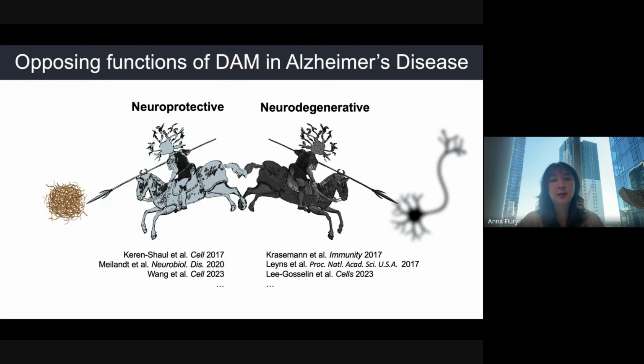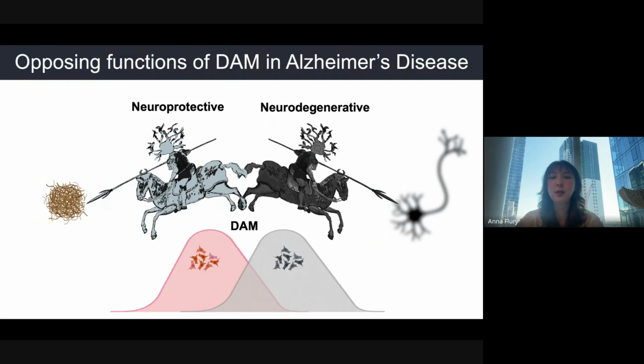And this has since been supported by other studies trying to probe the functional outcomes of DAM, where we see kind of opposite things happening. And so this has led our group to speculate that rather than one DAM subset, there might actually be multiple subsets within DAM, some promoting neurodegeneration and some promoting neuroprotection.